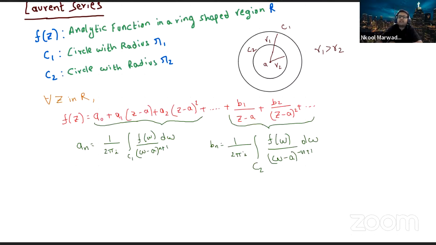Because what is integration? Integration is the summation of points. So whatever points are lying in the circle, we will sum them, and we will do that in the anti-clockwise direction. So when we integrate all the points in circle C1, we integrate in the anti-clockwise direction.